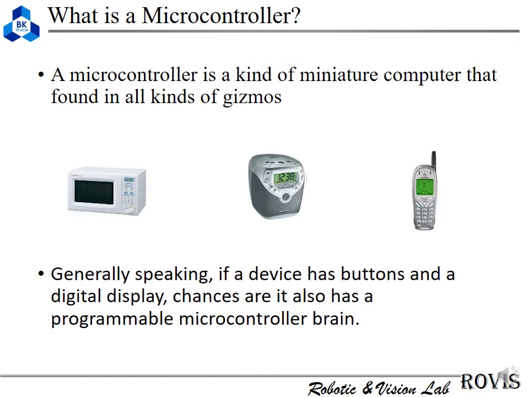For example, when you use cell phones, or the PC, or an electronic clock, there is a microcontroller inside. Regularly speaking, a device that has a button and a digital display has a programmable microcontroller.